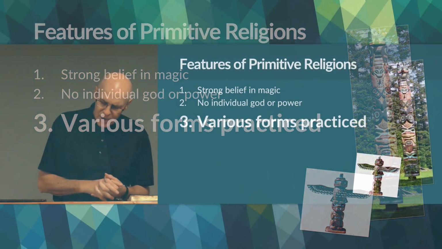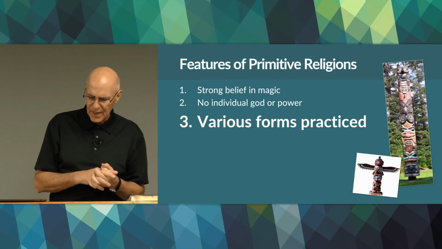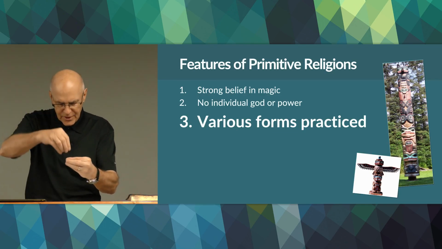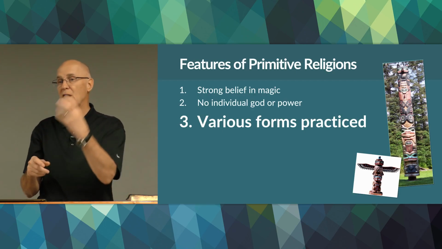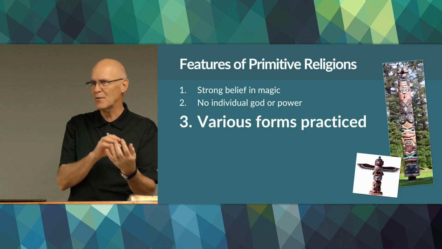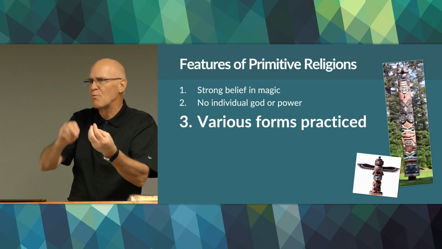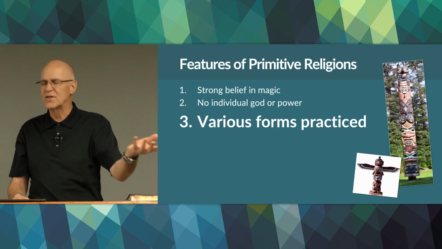For example, some primitive religions use animism. In other words, they believe that certain objects are inhabited by spirits. So somebody says, my lucky charm. Well, if they're talking about their lucky charm, that's animism. They think that there's some spiritual power that indwells a physical object.